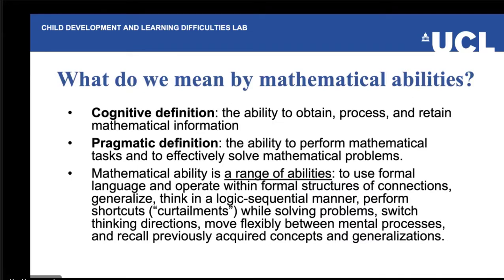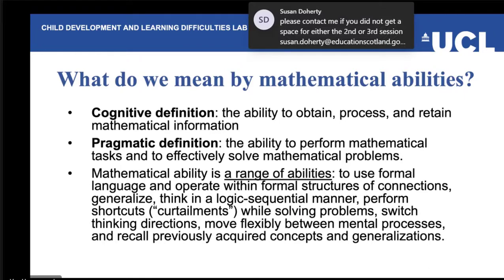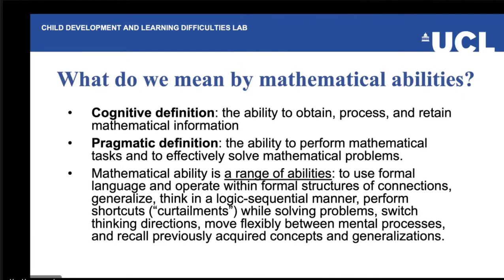I think what makes mathematical ability really special is the fact that you can learn a set of rules, but what is difficult about those set of rules is that you need to abstract it to whatever context or situation that you're in. So for example, when we teach a child to take 2 and to add 3, that 2 might be in one case the number 2 or the digit 2. In another case, it might be 2 cars.